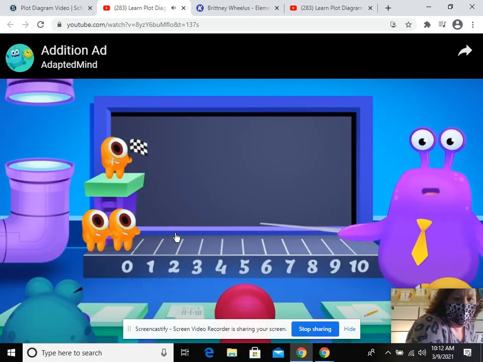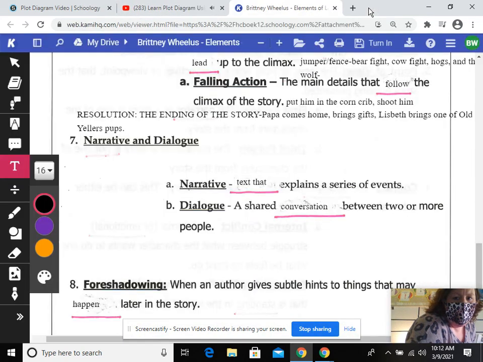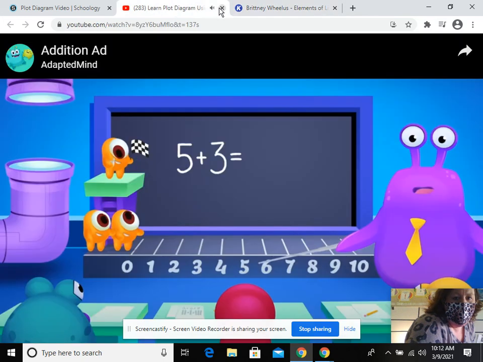Okay, class, let's begin. What is 5 plus 3? We can solve the problem by rotating on.